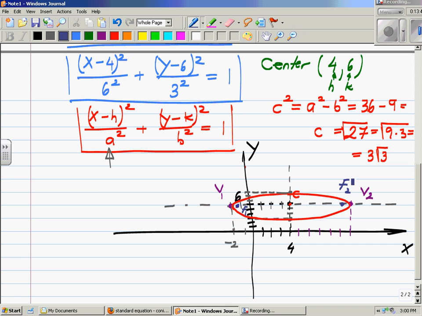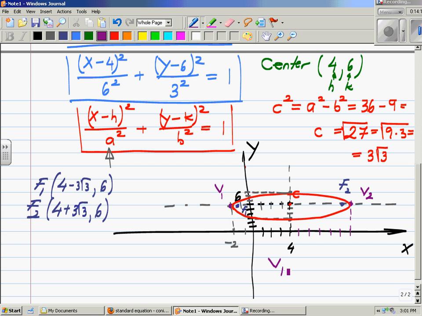And that's all. If you want, you have to write their coordinates. You can say, well, F1 has what coordinates? h minus c, right, which is 4 minus 3 square root 3, and the same y, 6. F2 will have the coordinates 4 plus 3 square root 3 and 6. You can mention, if you want, the vertices.